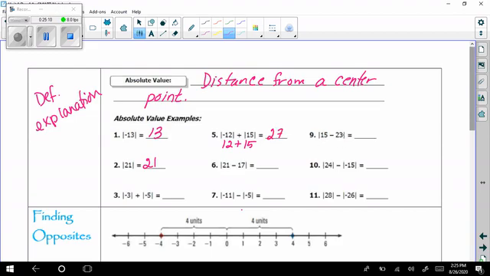Number 9, I've got 15 minus 23 inside the bracket. So basically, if I were to find the difference between 15 and 23, I'm going to get 8, and it would be negative, so it would be negative 8, but the absolute value of negative 8 is just 8.